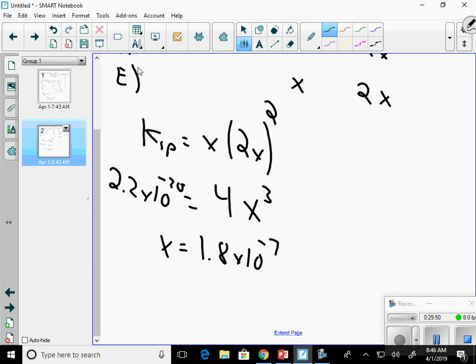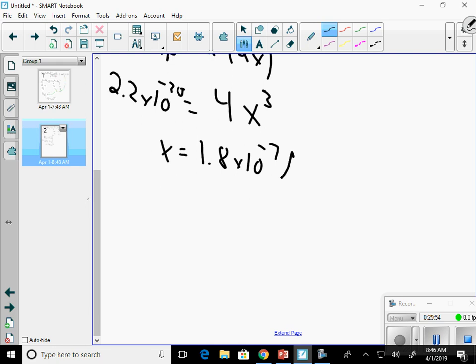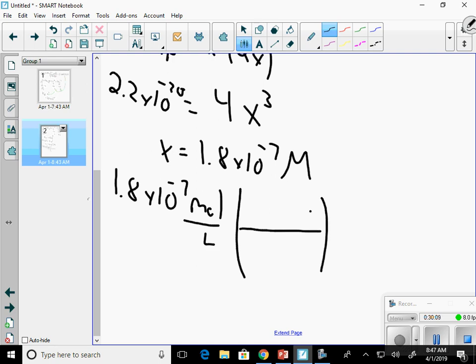However, this question wasn't asking for molar solubility, which again, I can just give a capital M for that. It was asking for solubility, which is grams per liter. So the last thing I'm going to do to this problem, remember that's your moles per liter, I'm going to use the periodic table to figure out copper 2 hydroxide is 97.57 grams per mole.